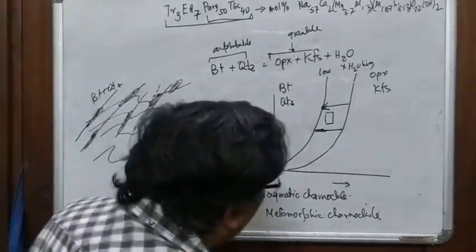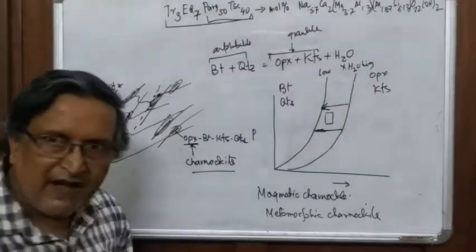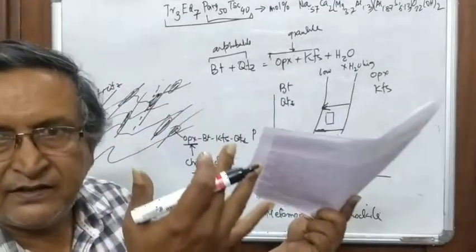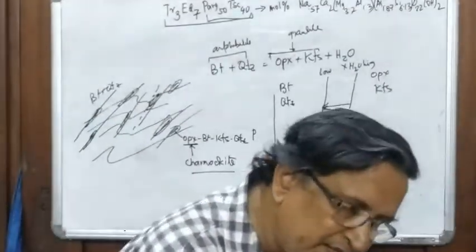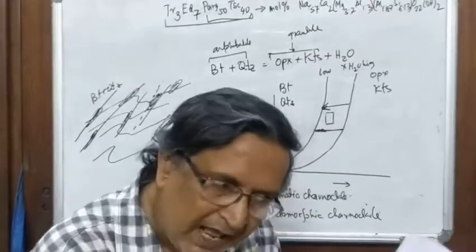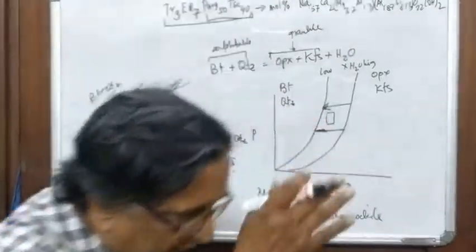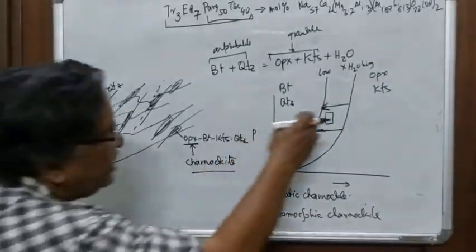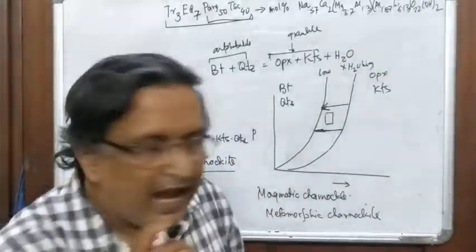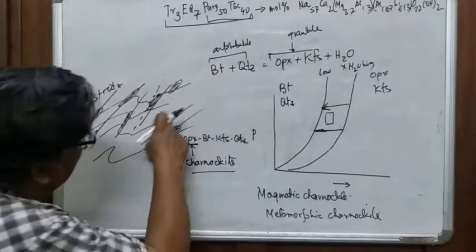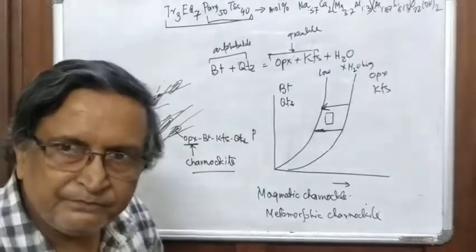If the whole rock was flooded, then everything would have been charnockite. But no, fluids came into the rock along particular structural channels. Along those channels, H2O was reduced. And that is why you get orthopyroxene plus K-feldspar here.